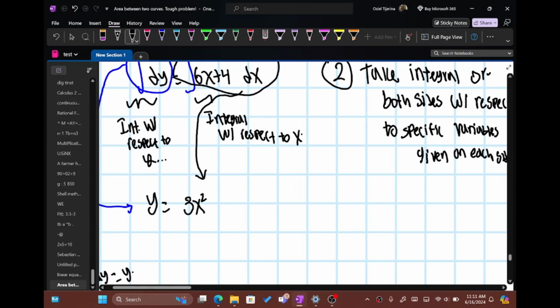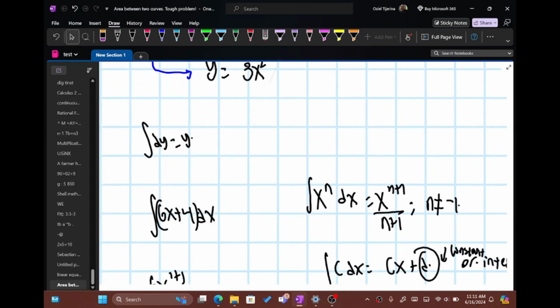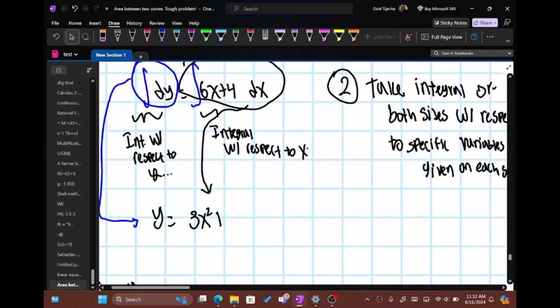If you subtract c on both sides hypothetically, you would get the same thing I get here, which is just y equals 3x squared plus my constant of integration, c.